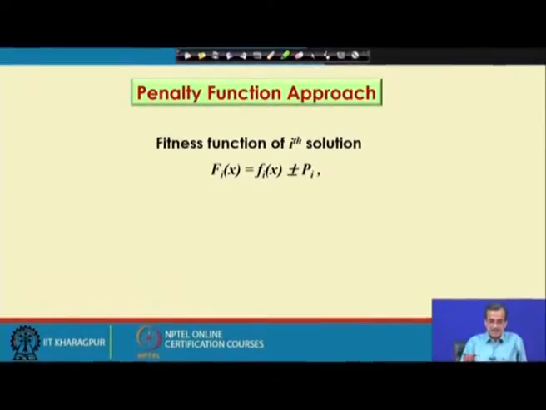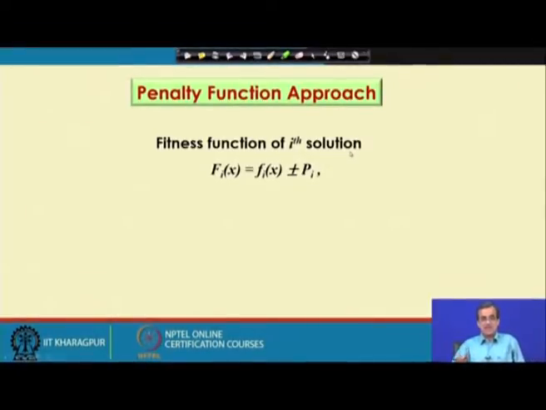Supposing that I have one objective function, that is small f_i(x), and the variables are such that the functional constraint or some of the functional constraints are going to be violated. If there is any such violation, I will have to penalize that solution by the penalty term, that is p_i.